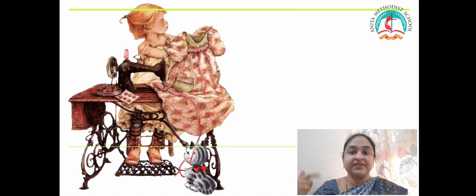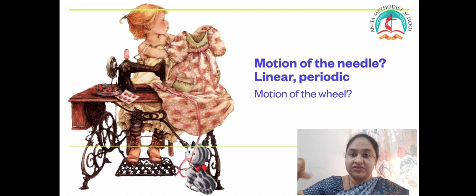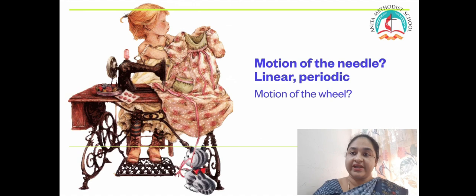We then have the wheel which is rotating, to spin the thread. What kind of motion is it? Is it rotatory? Then we also have the footrest, which the tailor presses with his foot. Even that is periodic motion. So here we see multiple motions happening at the same time.